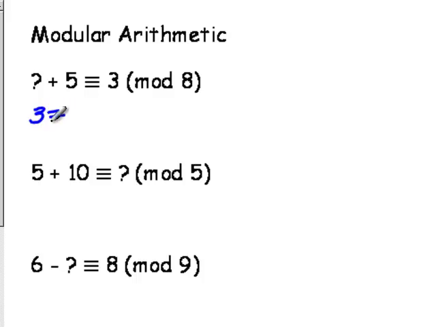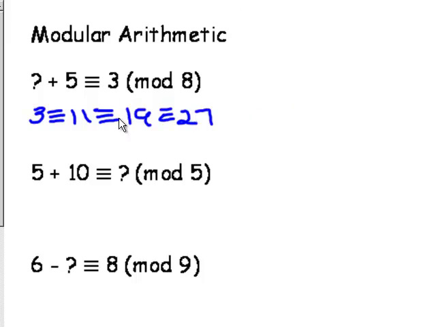Well, 3 is congruent to 11, because if you divide 8 into 11, you'd have a remainder of 3, which is congruent to 19, which is congruent to 27. If you divide 8 into 27, it has a remainder of 3, so we could write infinitely many numbers.